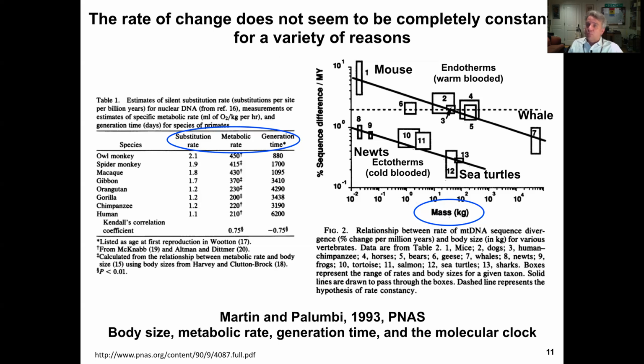Now, also, overall metabolic rate dramatically differs between endotherms and ectotherms. And we see that ectotherms overall have a much slower rate of molecular evolution than the endotherms, okay? So generation time and metabolic rate may be driving the differences in molecular evolutionary rates that we see among different lineages.